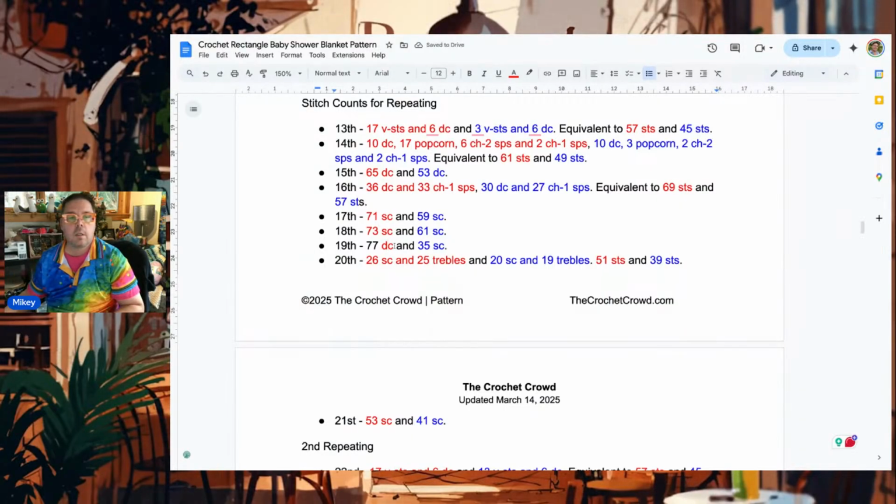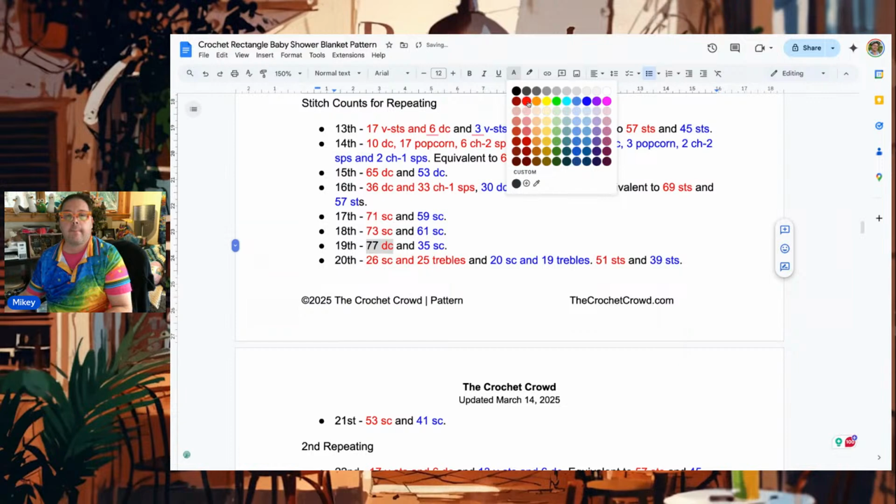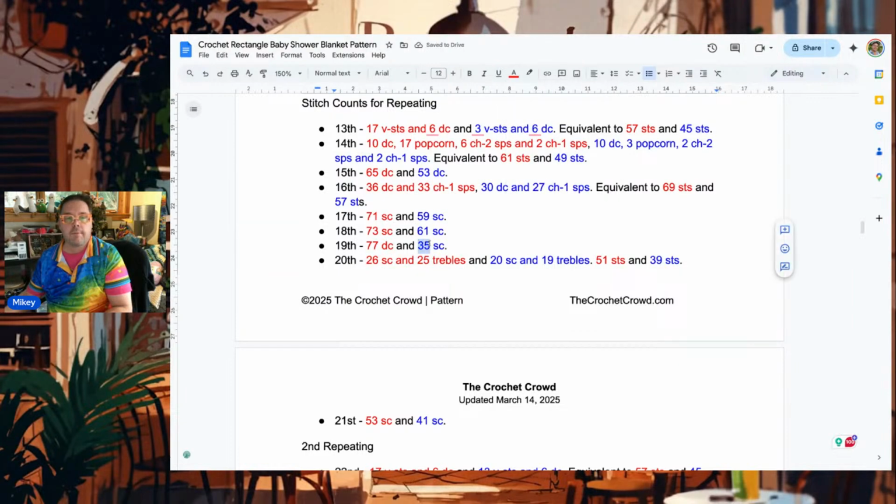If that's DC, it should be 65. 18 is single crochet.